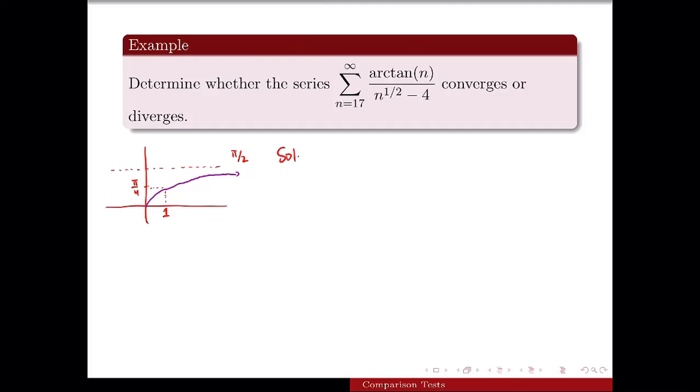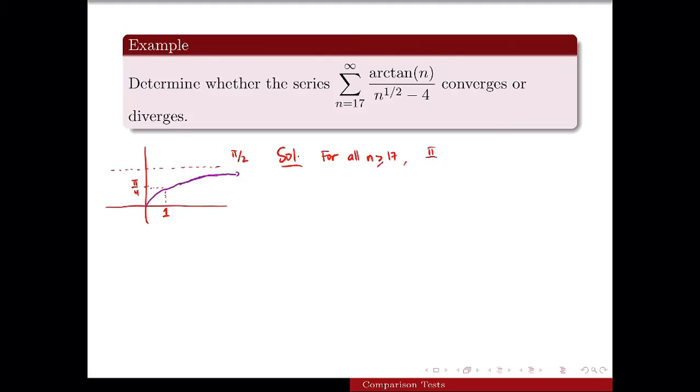So solution. For all n greater than 1, in fact, we have 17 there. Okay? So we start with 17. For all n greater than or equal to 17, the value of arctan, it's somewhere here already. It's above pi over 4.